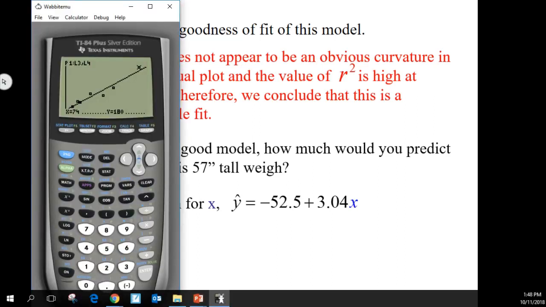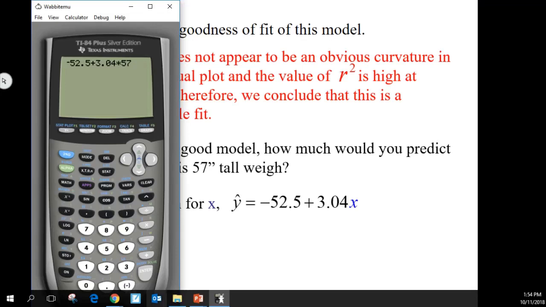We have negative 52.5 plus 3.04 times 57 inches for their height.